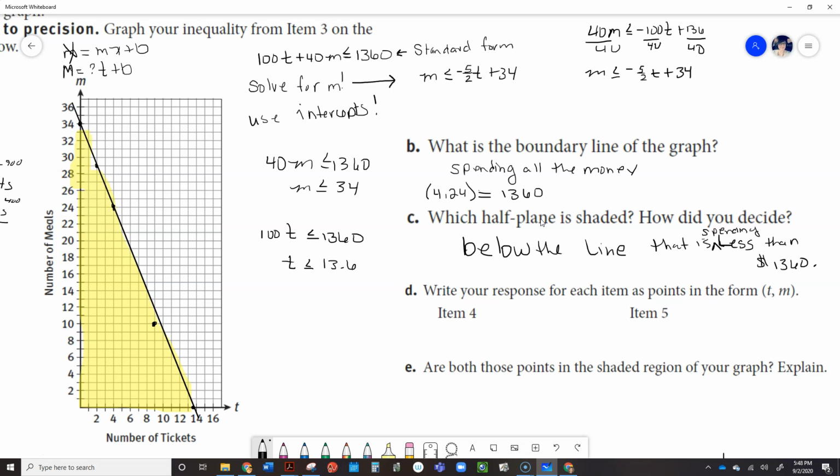Spending less is okay. Write your responses in this form. So what we said, 9 tickets and 10 meals, is in the shaded section.